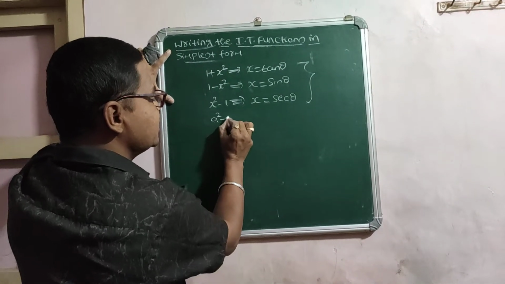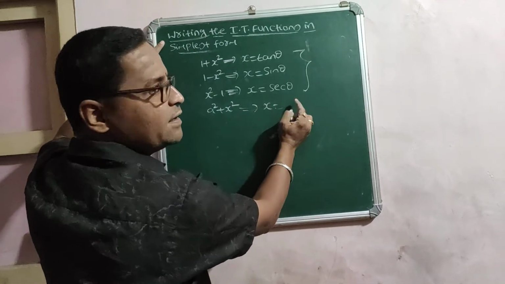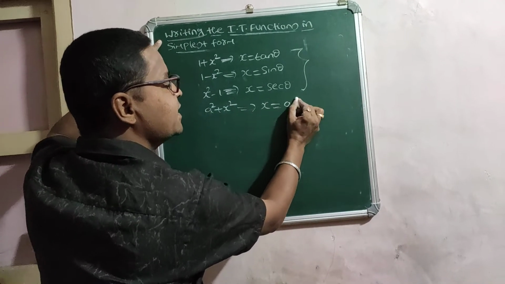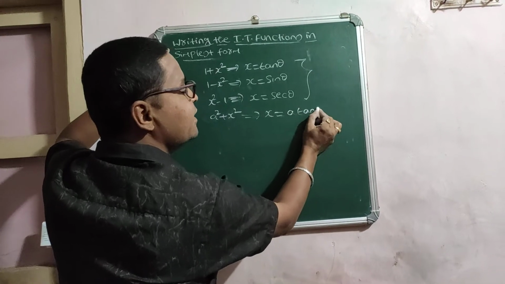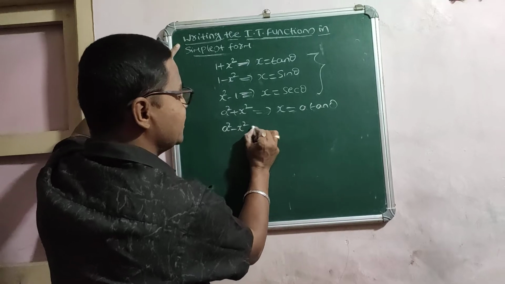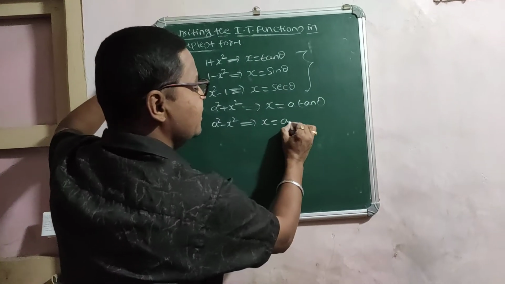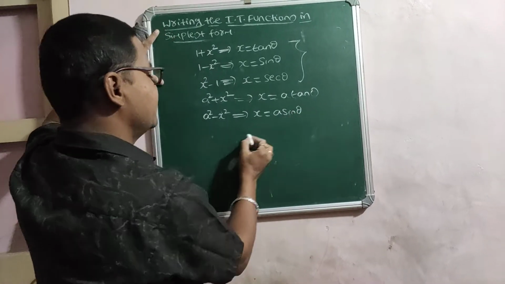Suppose we have a² + x², the substitution is x = a tan θ. Suppose we have a² − x², then x can be considered as a sin θ.